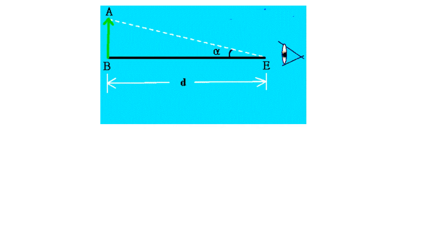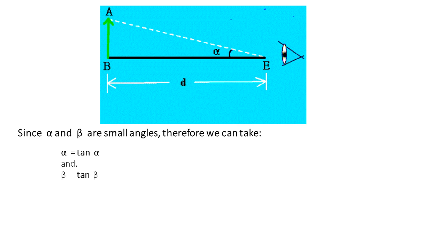In the diagram, AB is an object placed at a distance D, the least distance of distinct vision, and it subtends an angle directly on the eye called the visual angle, denoted as alpha in the diagram. Now these visual angles are very small, therefore we can take alpha equals tangent alpha and beta equals tangent beta.